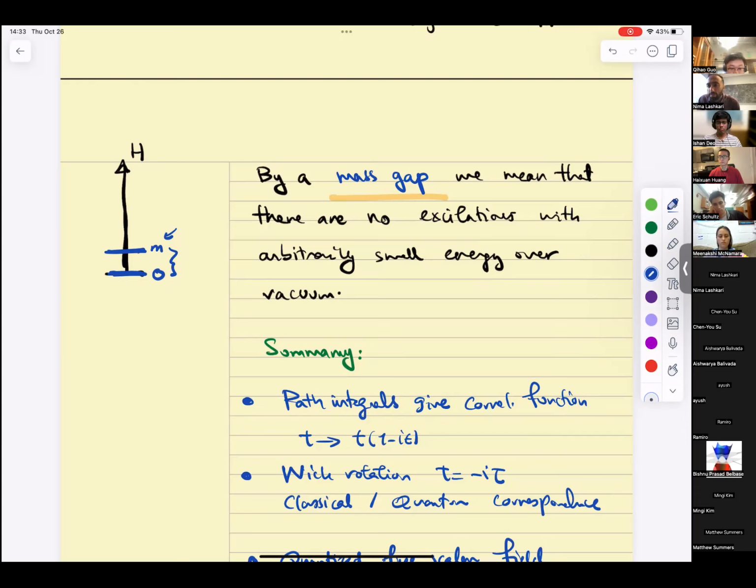Can someone give me an example of a theory without a mass gap? What is a theory that you know that's not like that, out of all the examples we've gone through? No mass gap. Superfluid. Superconductor.